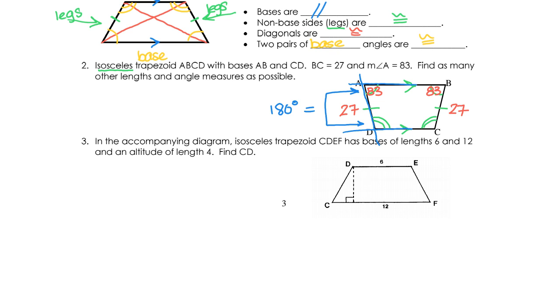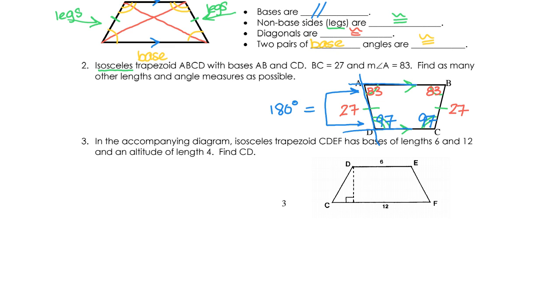So if one of them is 83, then these two angles down here have to be 97. Okay. And then we have our filled-in trapezoid, and that is all we can fill in. We cannot figure out the lengths of the two bases, the two parallel sides. It's the only thing we don't have filled in. All right. Number 3.